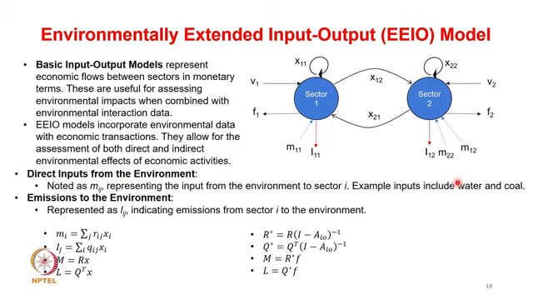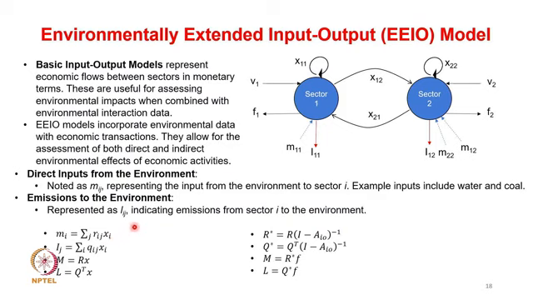For instance, you may capture air for a certain process. That's something coming from the environment. So you can accommodate all of them. Eventually there would be emissions to the environment. Emissions are typically represented by E with subscript ij, indicating the emission from sector i to the environment.